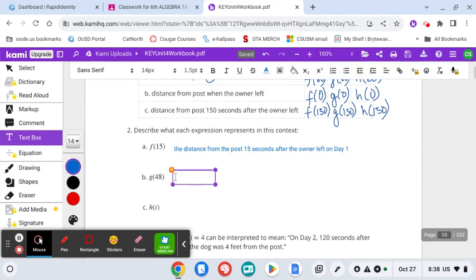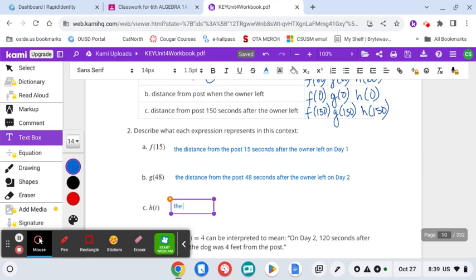Second one, try it. Let me pause for a second. You got it. It's the distance from the post 48 seconds after the owner left on day what? You got it. G stands for day 2.